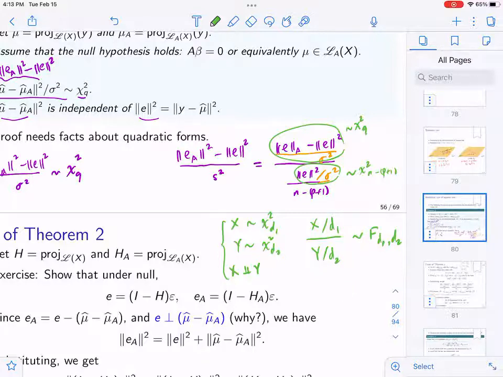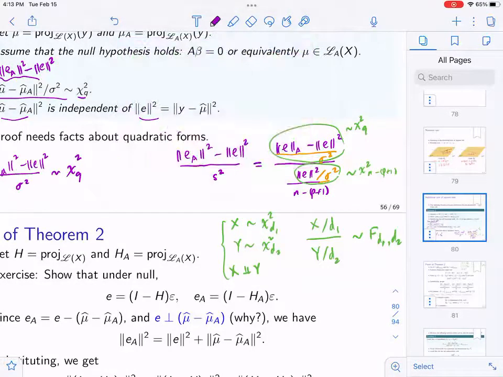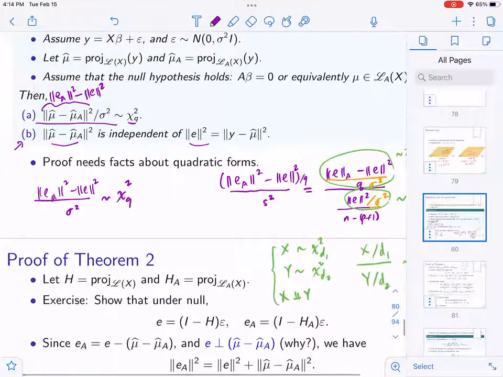So what should we do here? I'm going to have to divide here. So instead of this, I'm going to divide this by q. So there's going to be a q here, and you'd see that everything works out. It would be the chi-squared with q degrees of freedom divided by its degrees of freedom, and the chi-squared with n minus p plus 1 degrees of freedom divided by its degrees of freedom. Both the numerator and denominator are independent because of this.